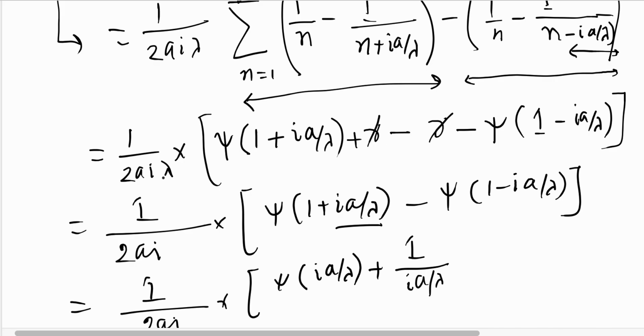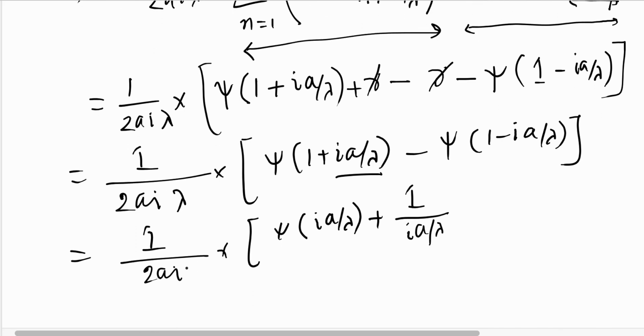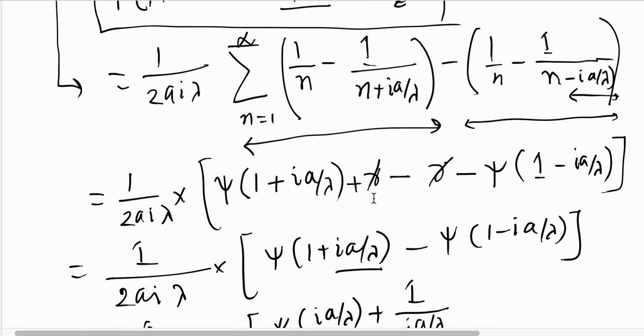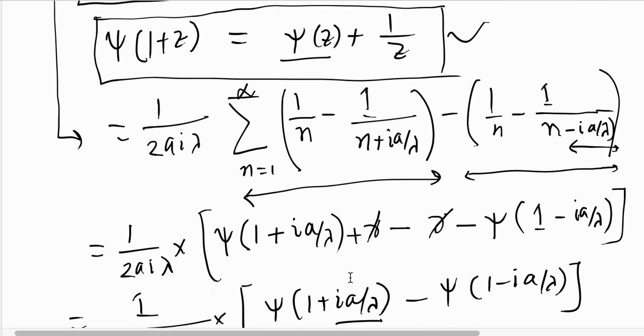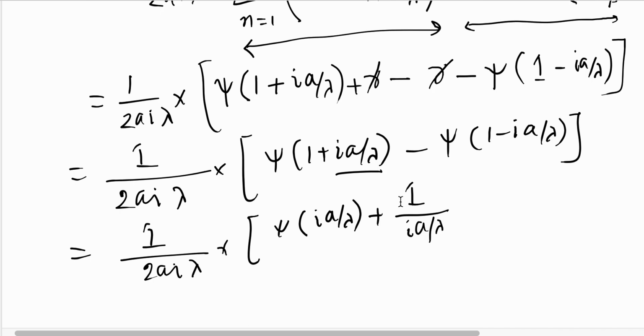There should be a lambda here, yes, that is there. Is it right? Right. So I will retain it like this: psi of ia by lambda plus lambda by ia minus psi of 1 minus ia by lambda.